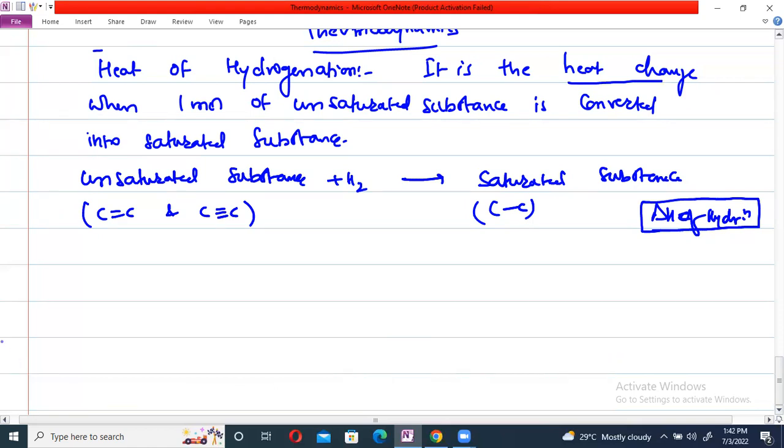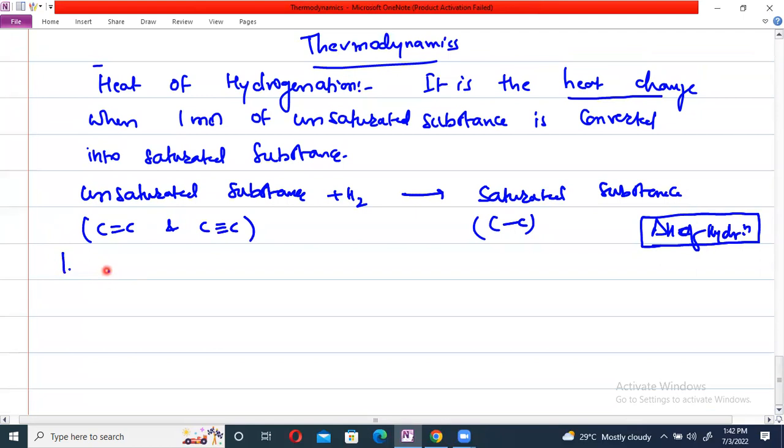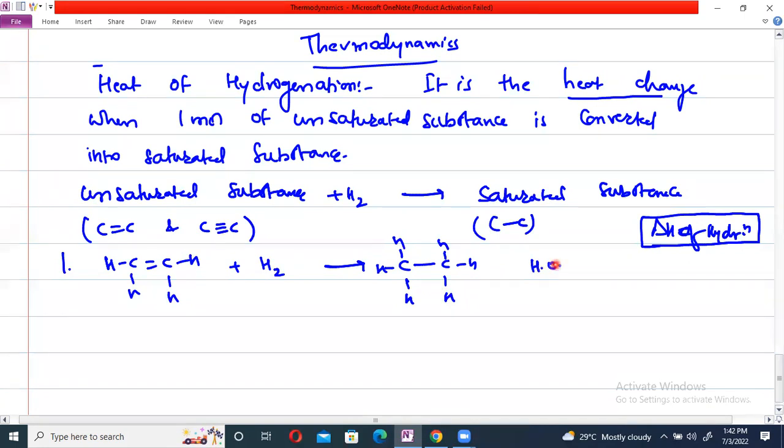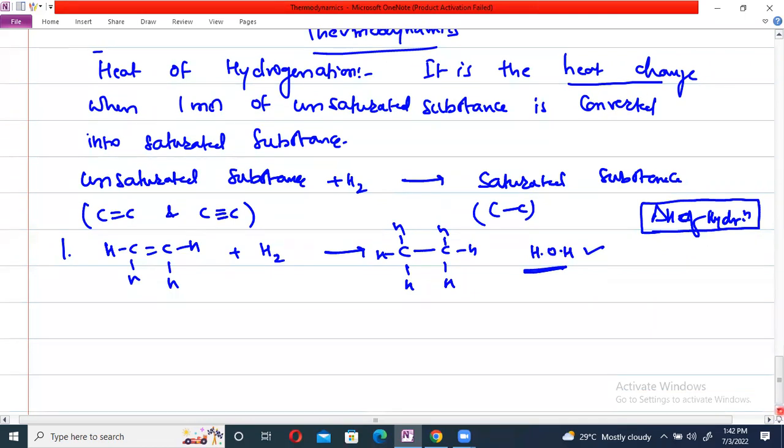This is an example. Carbon double bond carbon is C2H4, and when we add hydrogen to it, I get CH3 single bond CH3, and this has a heat of hydrogenation, HOH.